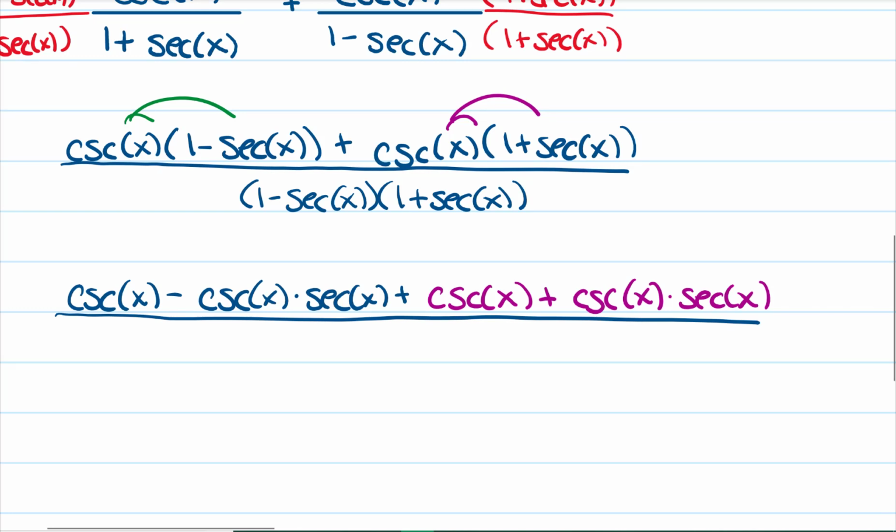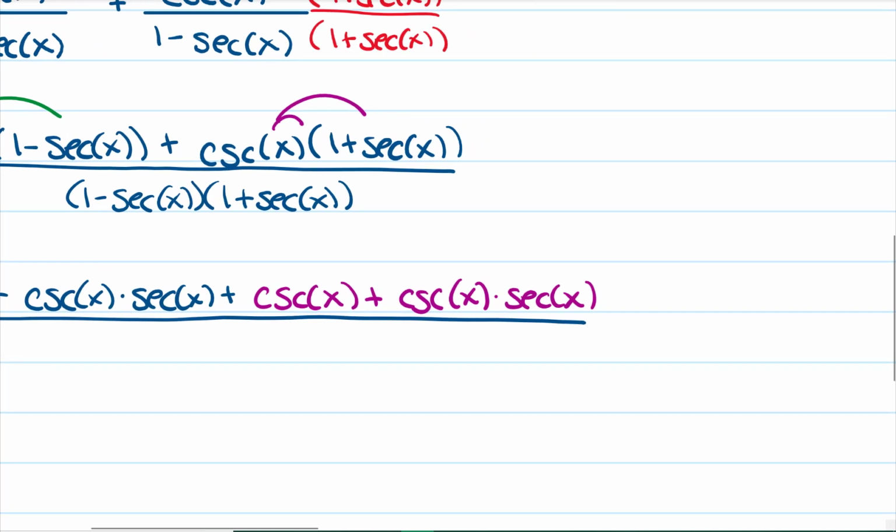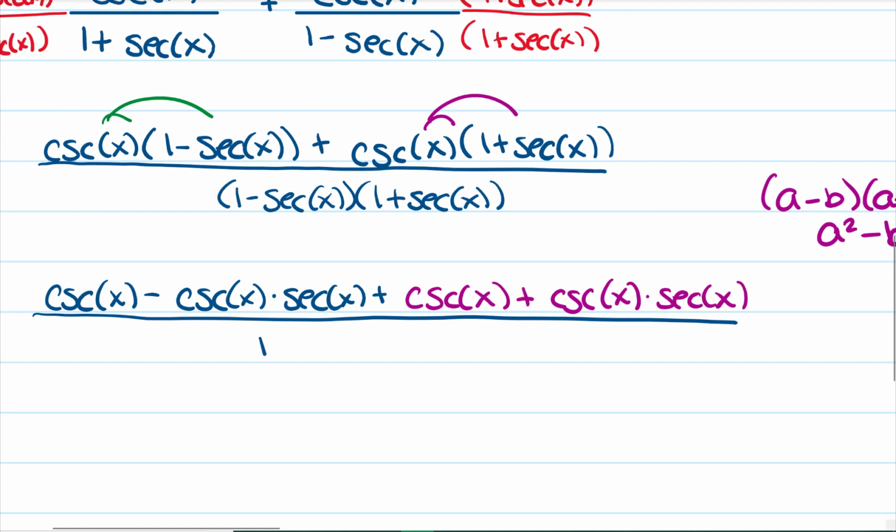So if you notice, this is similar to a minus b times a plus b, which gives you a squared minus b squared because they're conjugates. So I'm going to get 1 squared minus secant squared.